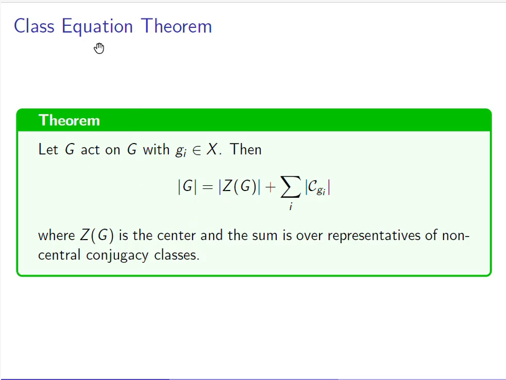The class equation says the following. Since G is acting on itself by conjugation, we can partition G into orbits. There are essentially two kinds of orbits. The center of a group is the set of elements in the group that commute with everything.